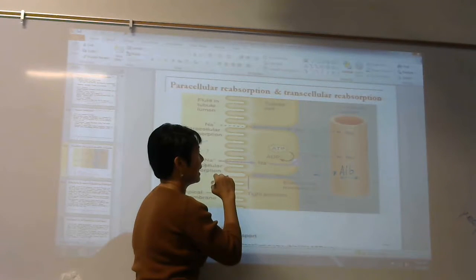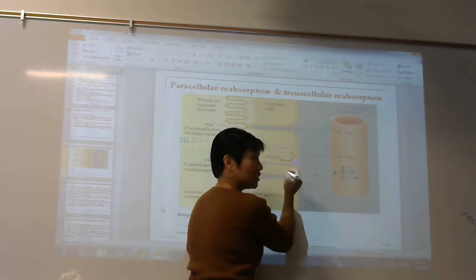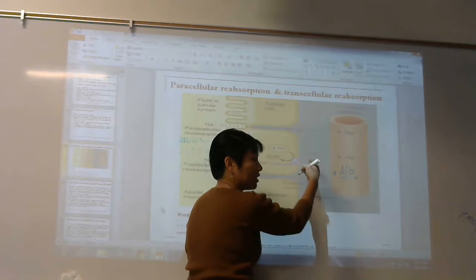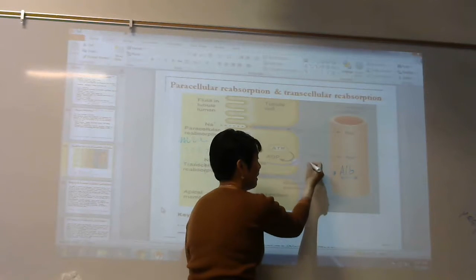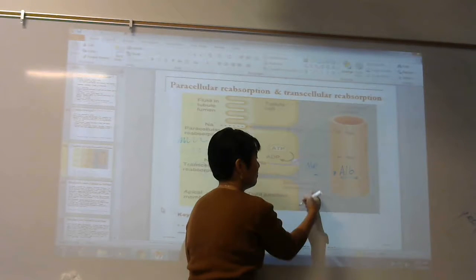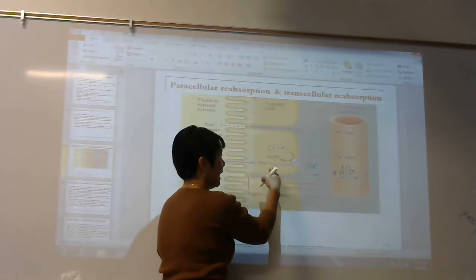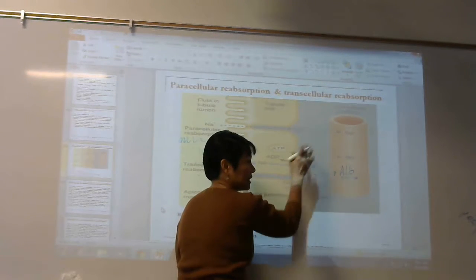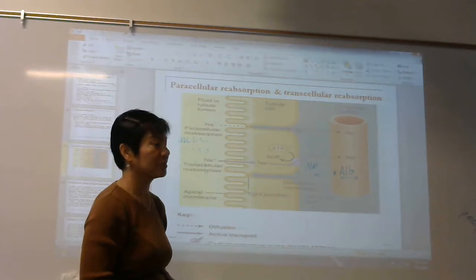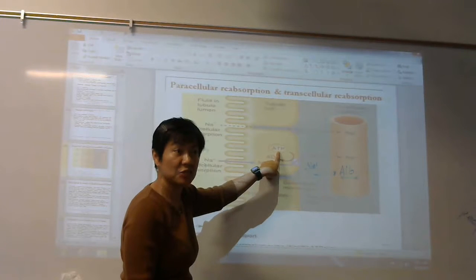The problem is, sodium is always, you remember, sodium is the most abundant cation outside. So if you're already starting with an abundant sodium here, it's going to be very difficult to push this, right? How do you do that? Active transport. See, it's ATP driven.